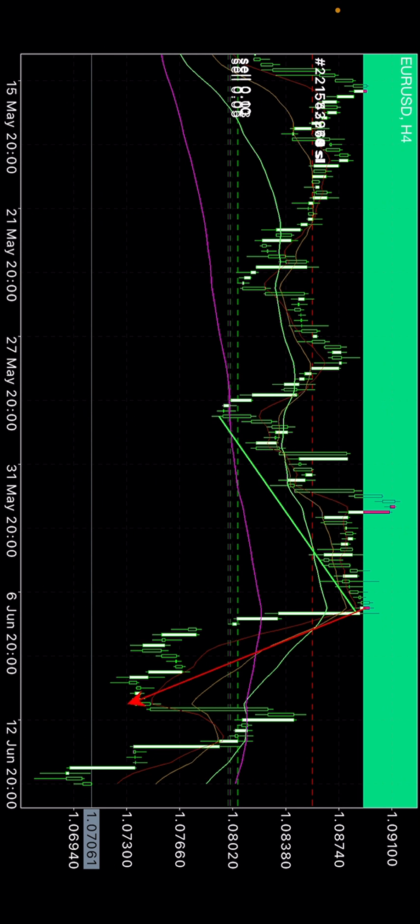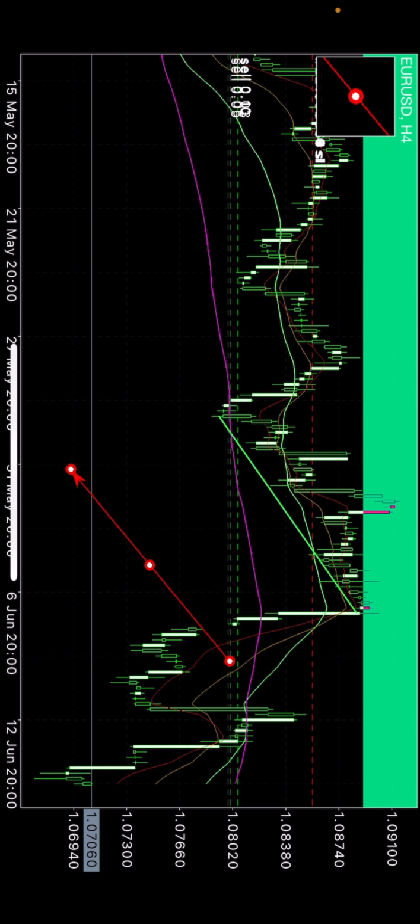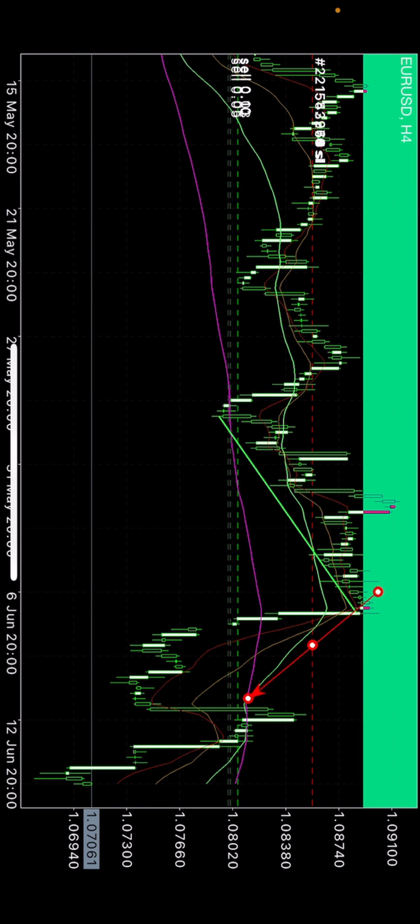And you should be aware of the fact that the green zone was tested, right? As you can see, the green zone was indeed tested right here. This is the green zone from the higher time frame, and it was tested, right? So back to the rules, this was the move that we were waiting for that cleared the previous structure, as shown by the green trend line right here.